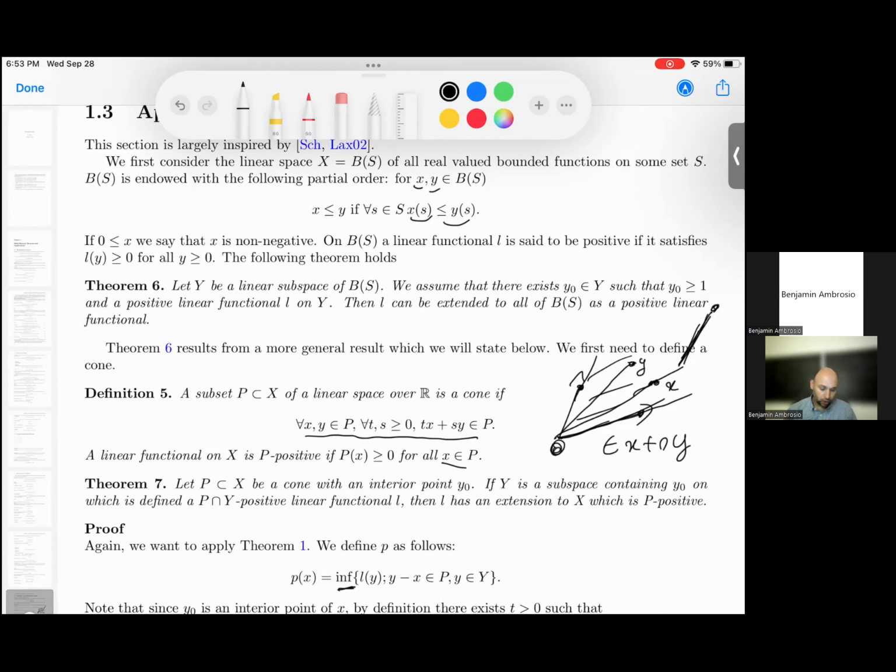So you look at the values of L of y, where y belongs to capital Y, the subspace in X, and you are constrained to y minus x belongs to P. All right. So for a given x, you look at the set of the y's such that these two conditions are satisfied, and you take the inf over L of y.